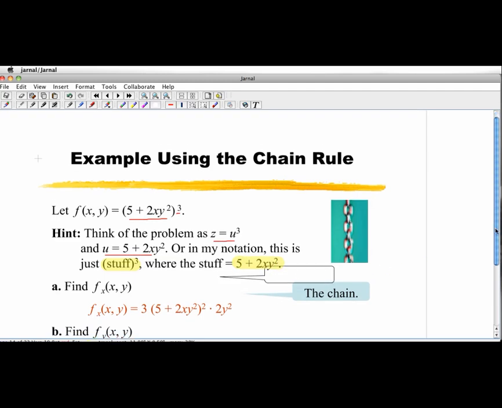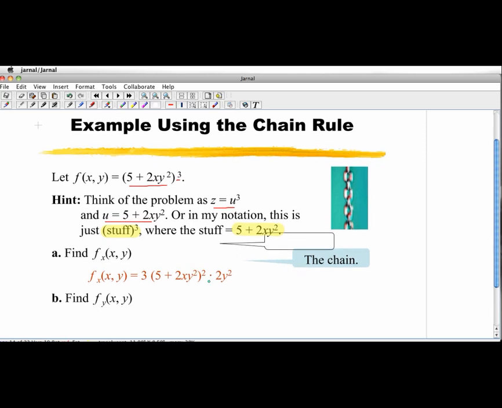But we know from experience that when we're doing a derivative like this, all that matters is that we know that it's something to the third power. The derivative rule for something to the third power is 3 times the same stuff squared, and then times, I should include another step here. What I'm really doing is 3 times a bunch of stuff squared times the derivative of the stuff.